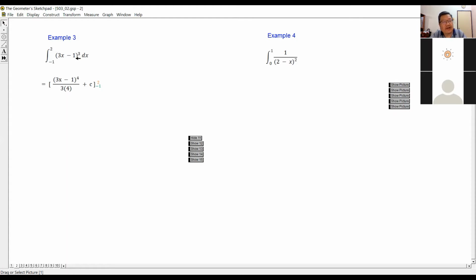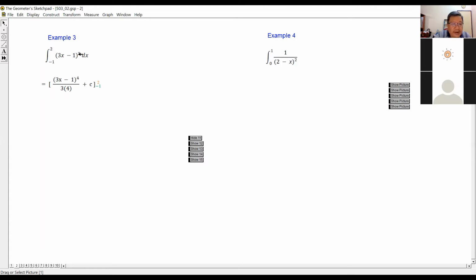This type of function, actually we need to use substitution, but since they didn't say use substitution, we can use the shortcut. Can you remember how the shortcut goes?